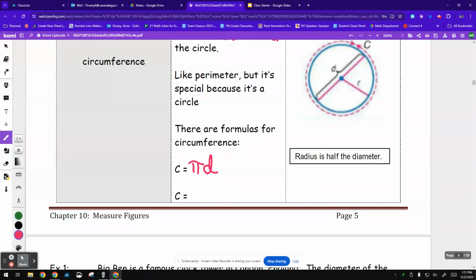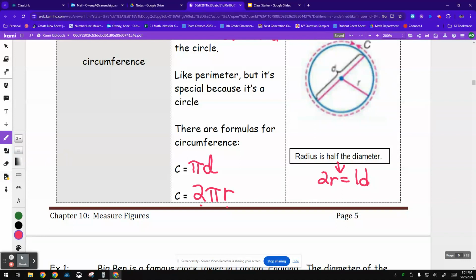How many radius make a diameter? Thank you, Kate. So you could also use 2 pi r because 2 times r is the same as d. Remember that a radius is half the diameter, otherwise known as 2 radius is 1 diameter.